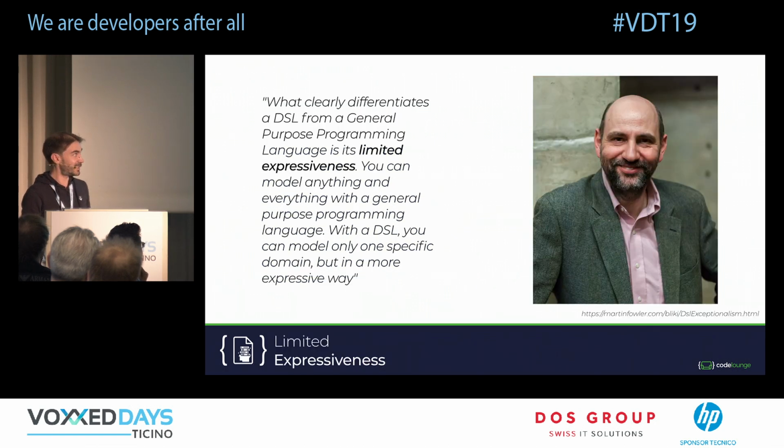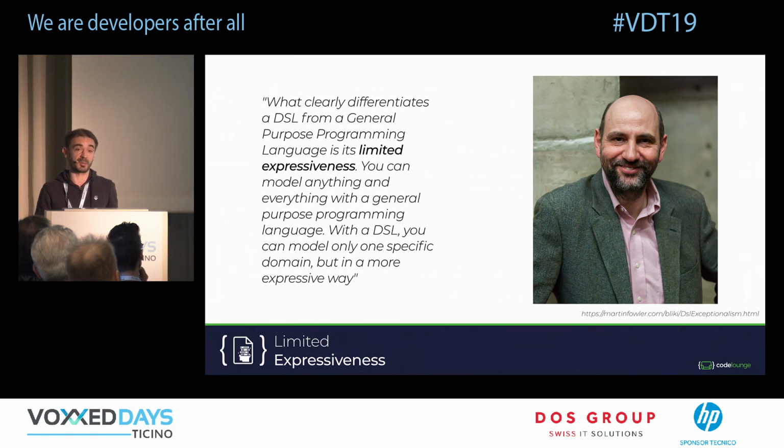I'm talking about DSLs. What clearly differentiates a DSL from a classic general-purpose programming language is its limited expressiveness. You can model anything and everything with a general-purpose programming language, like Ruby, Python, Scala or Java.